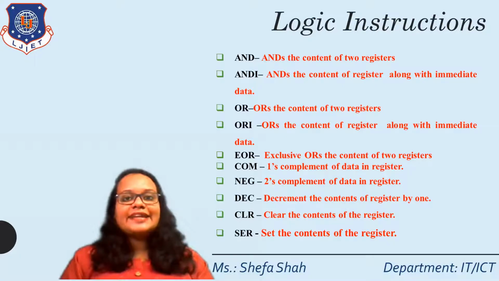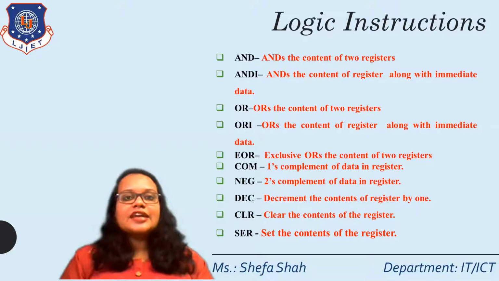Clear? Then NEG. What does NEG stand for? Negate. So negate will provide us the twos complement of the content of the register. Then DEC will decrement the content of the register by 1. Then CLR will clear the content of the register, so whatever the register contained, it will have the data 00H.